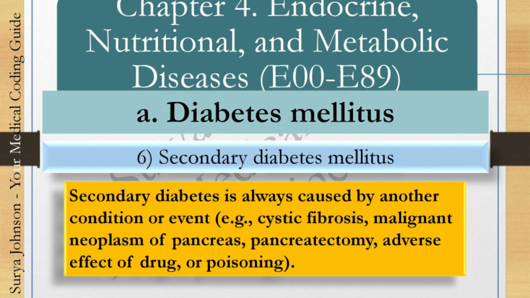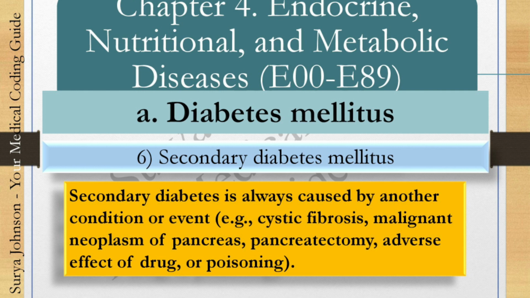You should know why this patient has this diabetes, what is the causal reason. Then only you can go and choose secondary diabetes mellitus. If there is no proper reason why the patient has secondary diabetes mellitus, you can always query your physician. And if the physician gives some reasons, then go for that valid reason, secondary diabetes mellitus. If there is no reason, then you can go for the diabetes mellitus, which is the direct one.